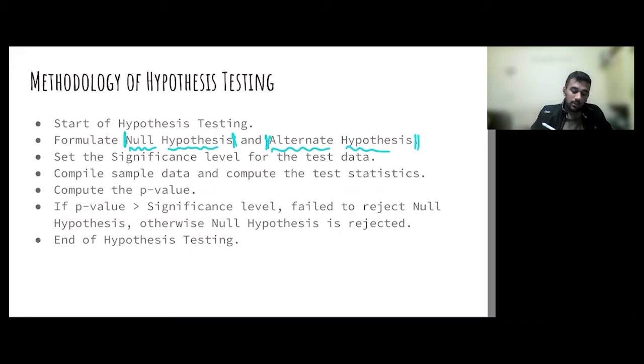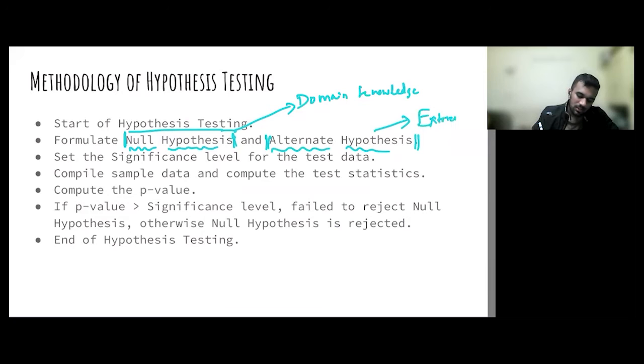The null hypothesis is obtained most of the time from domain knowledge, and the alternate hypothesis is interpreted from the specific sample data that we have got just now. So this is mostly an inference that we are checking: is this just out of randomness, is this just a fluke, or is there a particular pattern, a certain new pattern in the alternate hypothesis? That will be step 1.